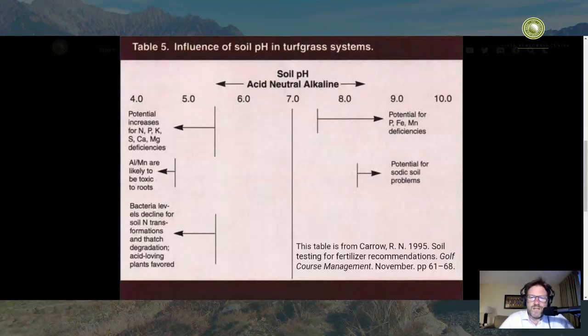If the soil pH is 8.4, 8.5, I like to use 8.5. If it's above that, you have a potential for sodic soil problems and some other things, but they're almost always related to sodium. So I think we can use this word sodic soil problems as a good way to describe this. So I thought, yeah, that's simple.